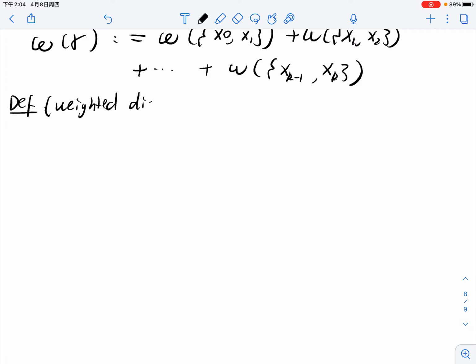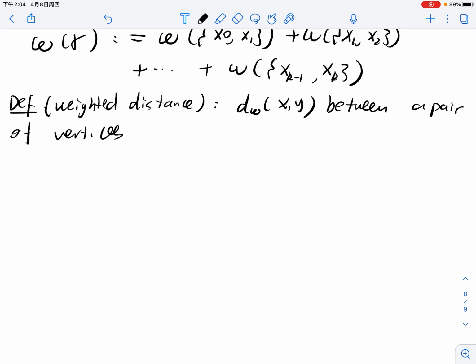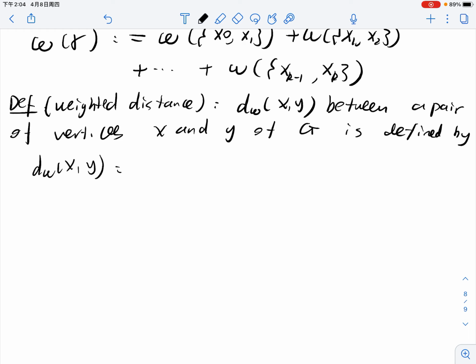Weighted distance. So d omega, where omega denotes the weight, between a pair of vertices x and y of G is defined by the minimal weight of a walk gamma joining x and y.